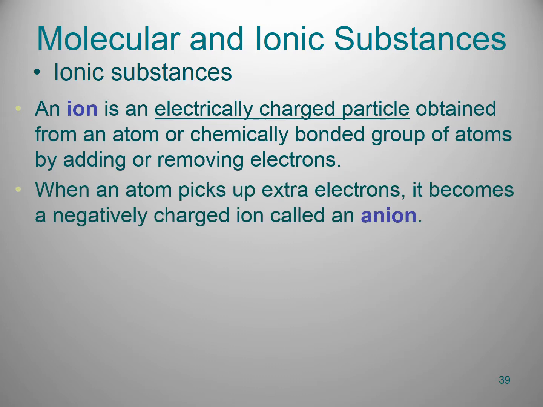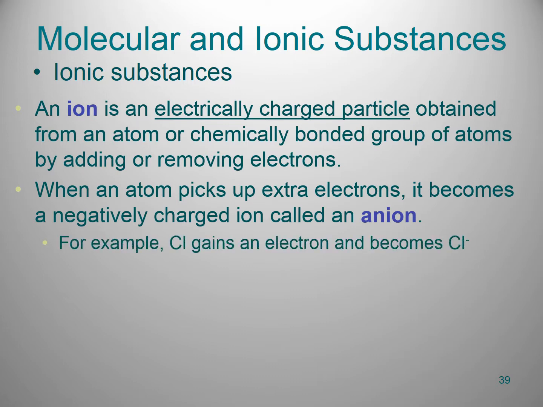So if an atom picks up extra electrons, it becomes negatively charged, and we call that an anion. So chlorine, for example, will gain an electron to become Cl negative. It's very important that if you're discussing ions that you put the charge, because a Cl by itself means the element. A Cl negative means that it's gained an electron, and it has very, very different properties if it's a negatively charged ion.